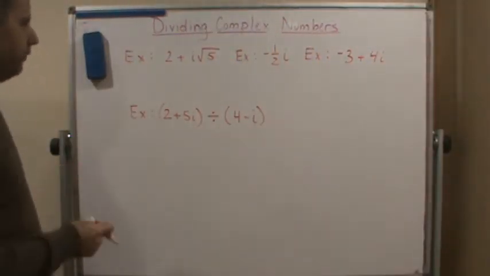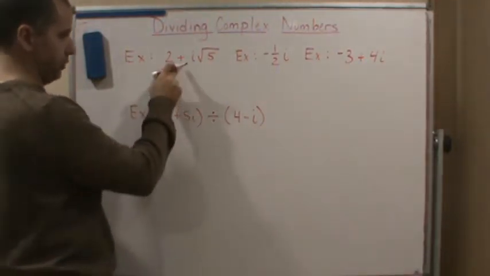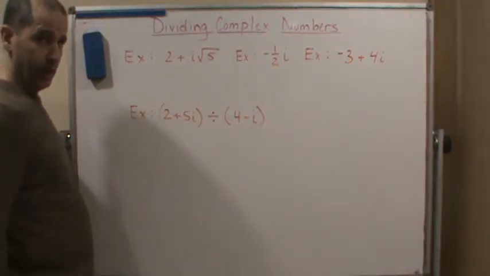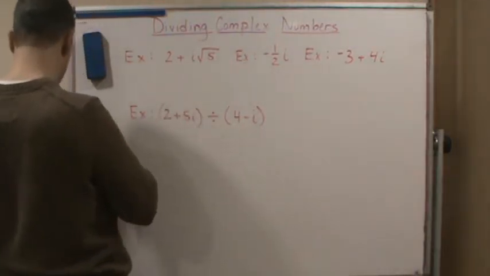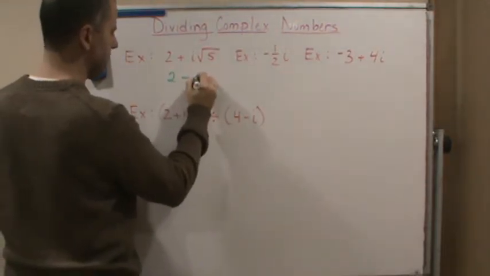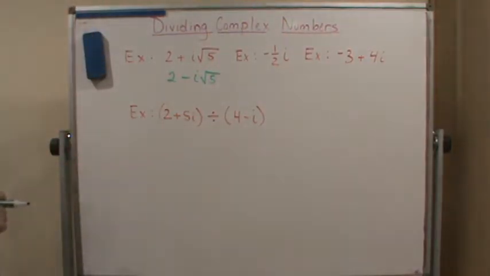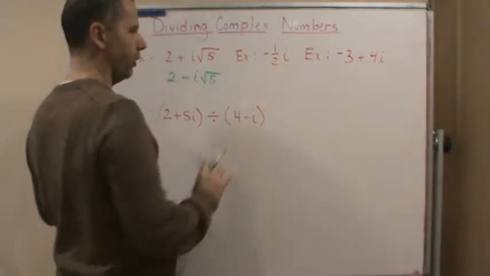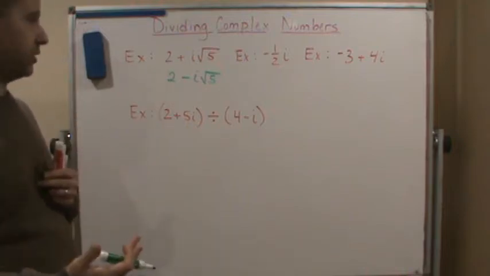Very easy. If you have a complex number in standard form, then all you have to do is change the subtraction to a plus or the addition sign to a subtraction sign. So in this case here, the conjugate would be simply 2 minus i square root of 5. Now, if we want the conjugate of this, we have to first write it in standard form and then change the sign.